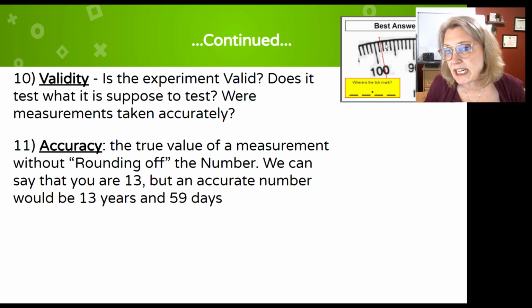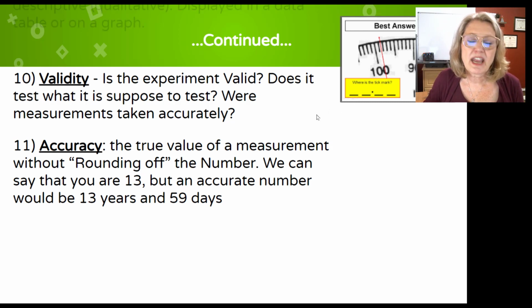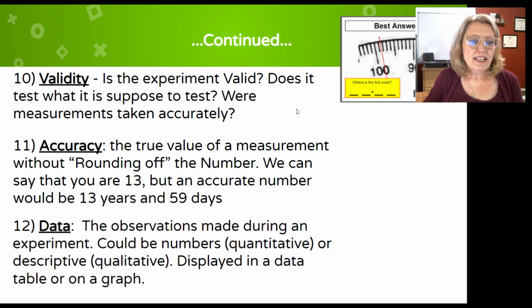It's not at 90 either. So we have to look at these little lines in between and show that it's 91, 92, 93, 94, 95, 96, 97, 98, but it's beyond 98. So I can't say that it's exactly 98 point something. I can say 98.550 if I have to put a number in here. That is being accurate.